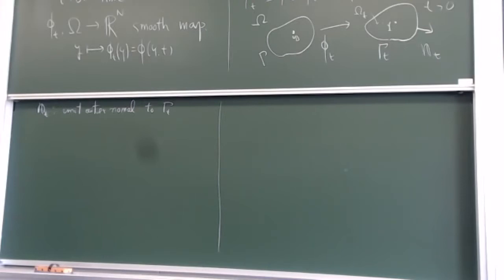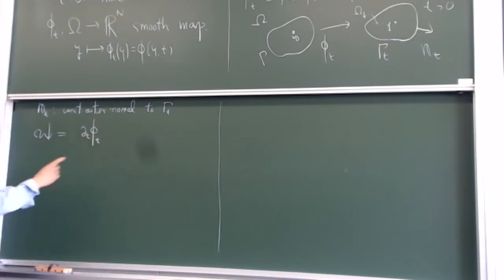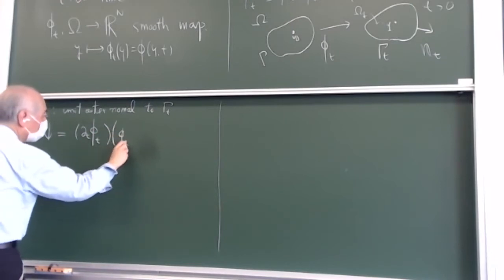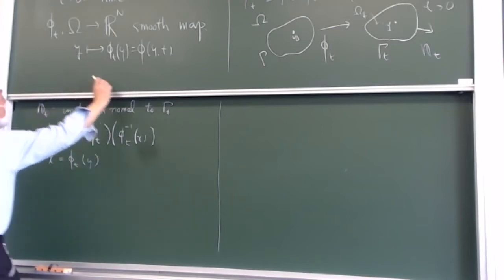Then let W be the time evolution of this map, when y equals x_t. The phi_t is a smooth map, and also injective.